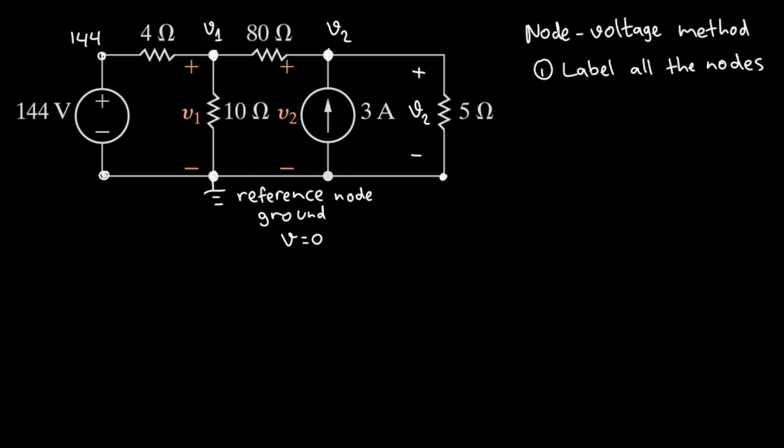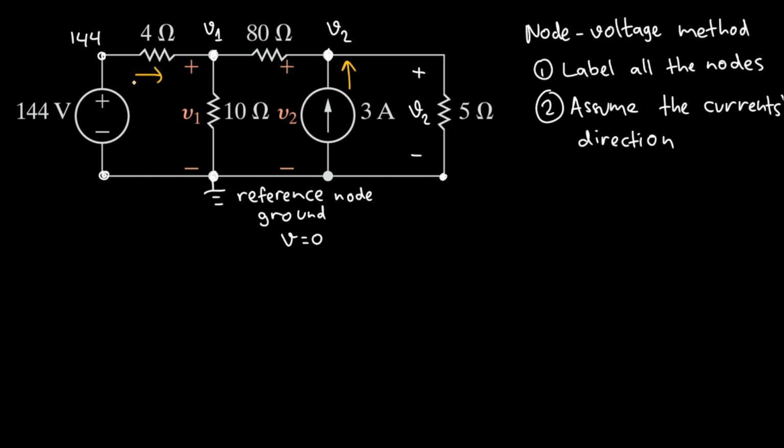Good. And we have extracted all the information that we need from the circuit, and we also label all the nodes. And then the second one will be assume the current's direction, right? Okay, let's do that. What I usually do is I just follow the arrow of the current source when I have that branch. So this will go up here, and then for the horizontal component, I usually go to the right.